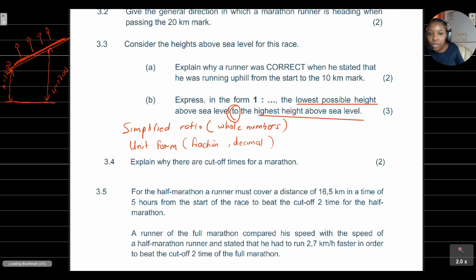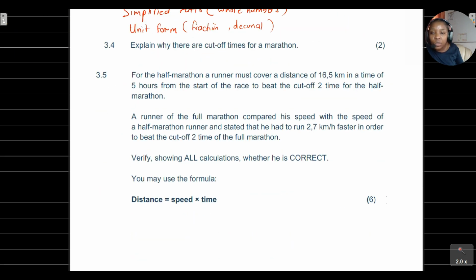Last question, question 3.5. It says that for the half marathon, a runner must cover a distance of 16.5 kilometers in a time of 5 hours from the start of the race to beat the cut-off time for the half marathon.